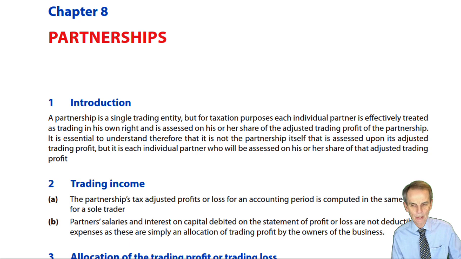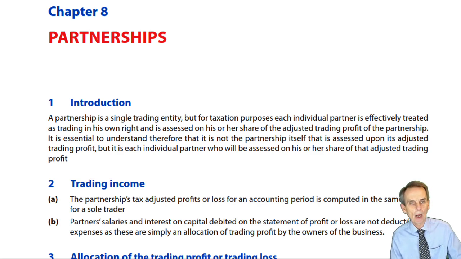That means that we still do the same work in Chapters 4 and 5 to establish a tax-adjusted trading profit, and we must understand that having done that exercise, the tax-adjusted trading profit is that of the partnership. But it is not the partnership that is then charged to tax.